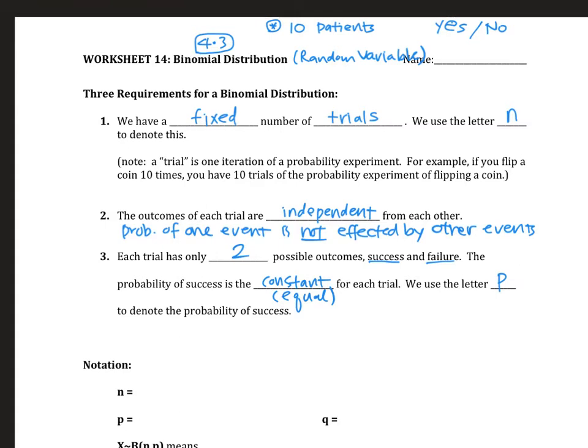So each toss is independent of other tosses, and that's the second condition. Third condition, each toss is either tails or heads, so we only have 2 possible outcomes. And the probability of getting a tail on each trial is always 50%. So that's our letter P.